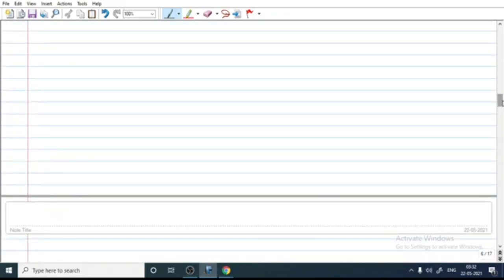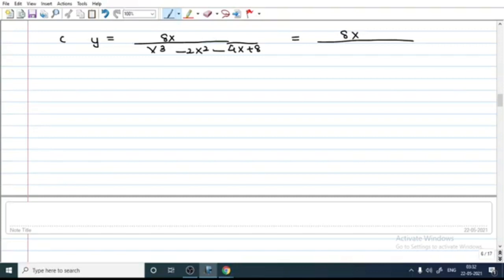So the question which is given is as follows: y equals 8x the whole upon x cube minus 2x square minus 4x plus 8, which if we simplify, I can write it as x square into x minus 2 minus 4 into x minus 2.